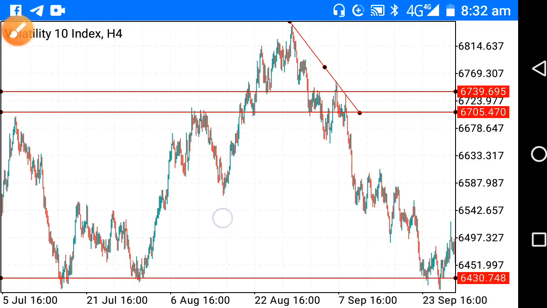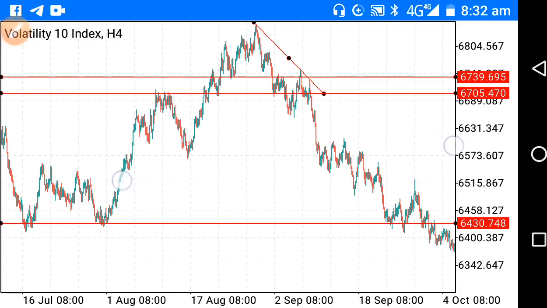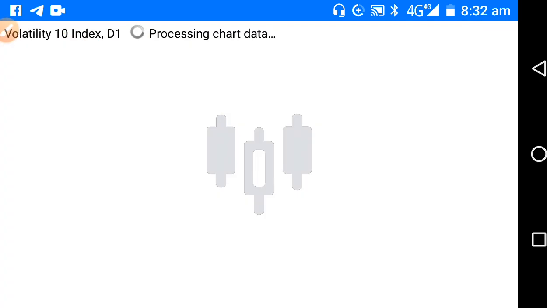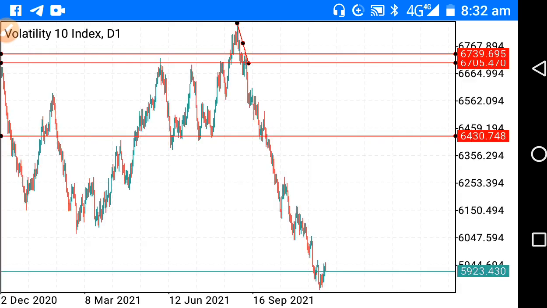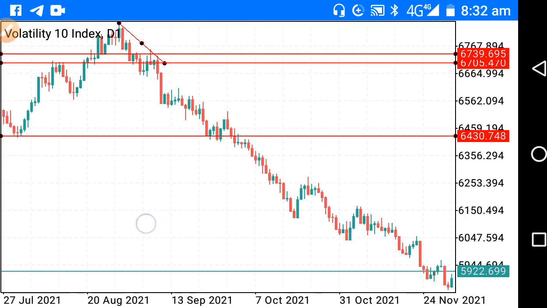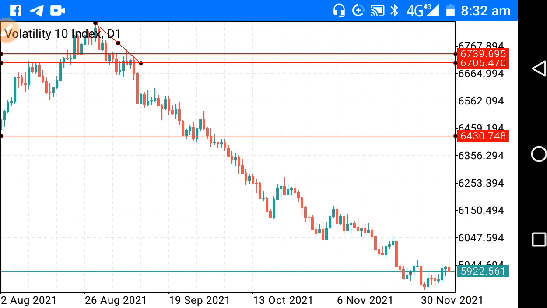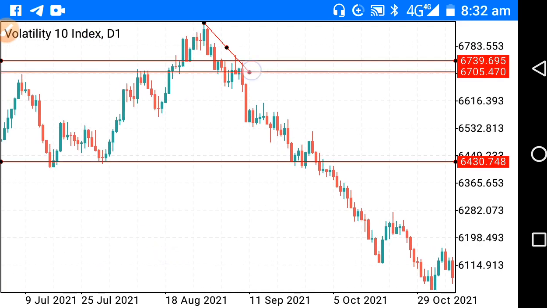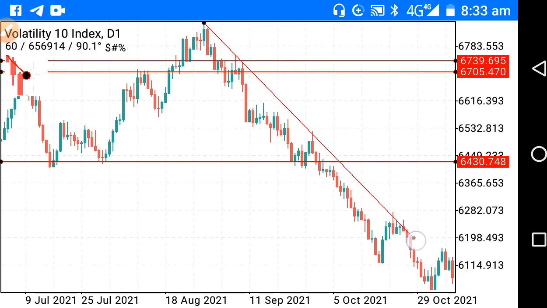Now, can you imagine how the market played out? Let me go to the daily time frame to see it very well. Now look at this. Can you imagine this risk to reward ratio? And when you enter a trade like this, the trend line is subject to breach. This was the initial trend line.